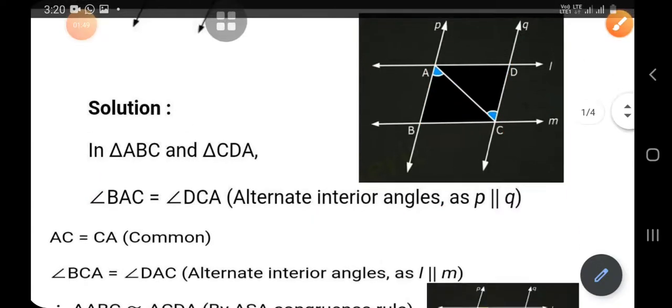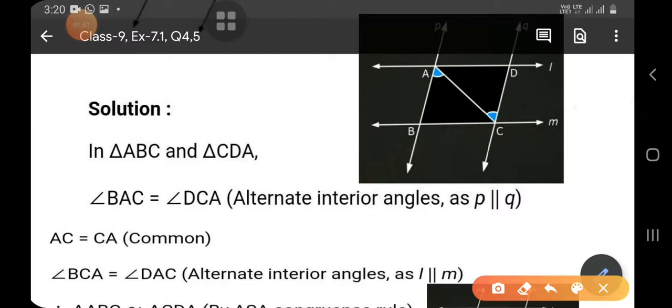Next, in the same picture, you can see that in this triangle and in this triangle, that is in triangle ABC, the line AC, and in the triangle DCA, the line CA, both are common, so AC or CA is the common line.